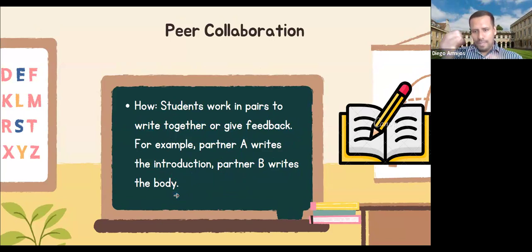So they can say, okay, you're gonna do this part, I'm gonna do the second part. Of course, they might be talking. In this part, interaction is crucial because one student cannot write one part, another student write another, and in the end it doesn't make any sense. That is why interaction is crucial here, in order to keep the same meaning, I mean, the same idea of the whole piece of writing.